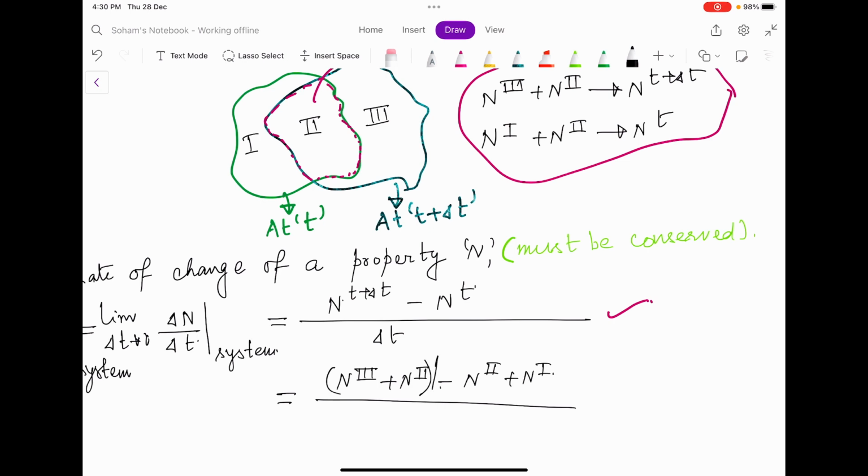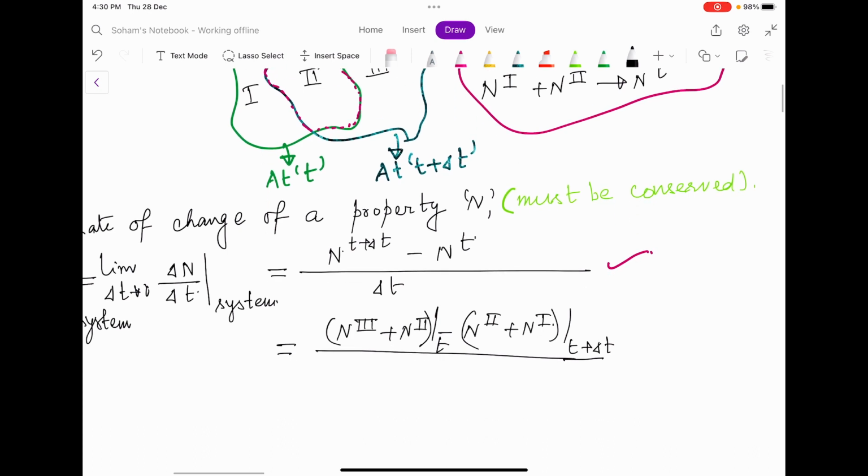This is at time t plus delta t, and this is at time t.